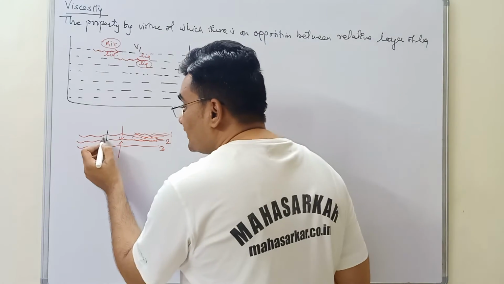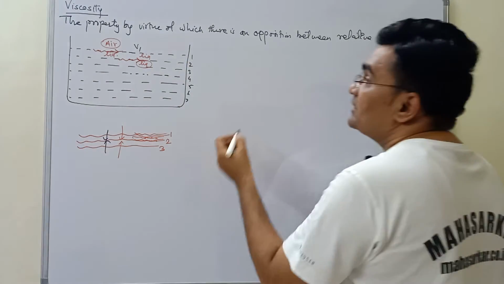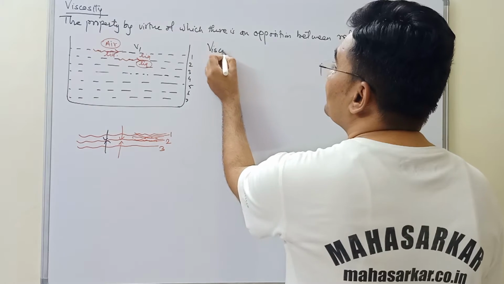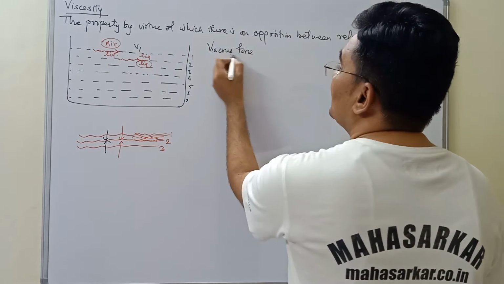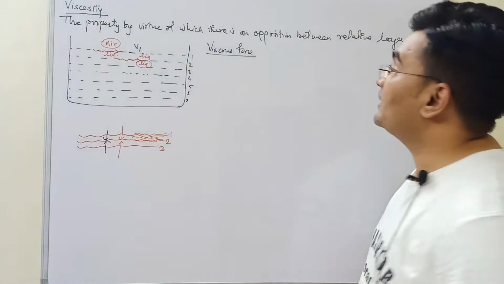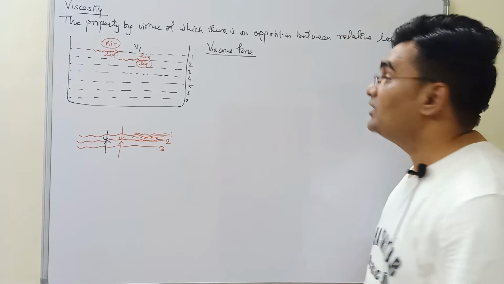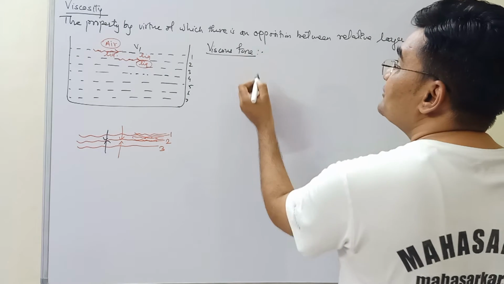The force by which they get opposed with each other is called viscous force. The force by which the different layers of liquid are opposed is called what? Viscous force. So what is viscous force?